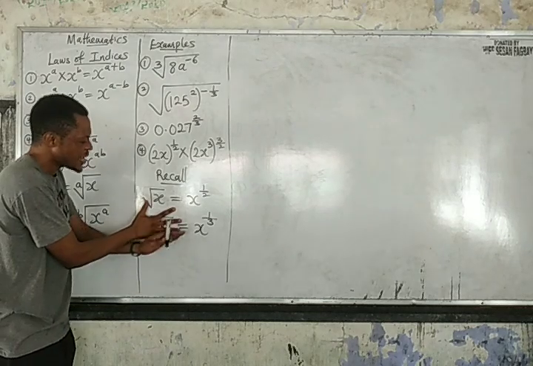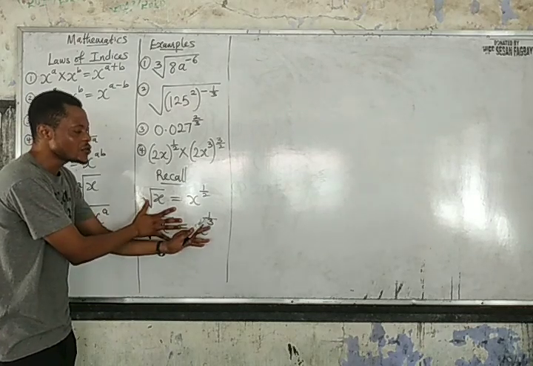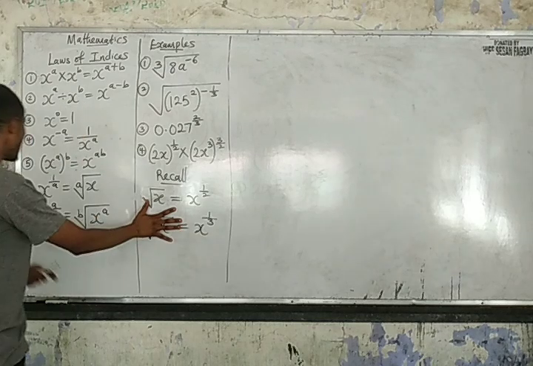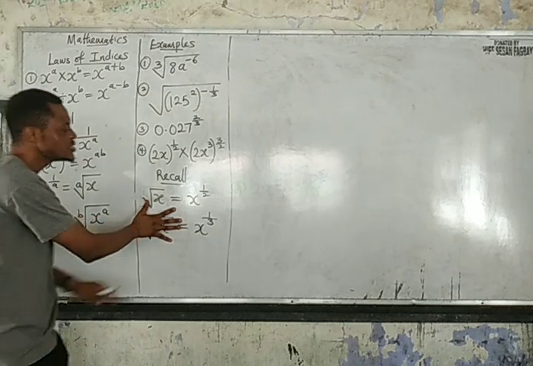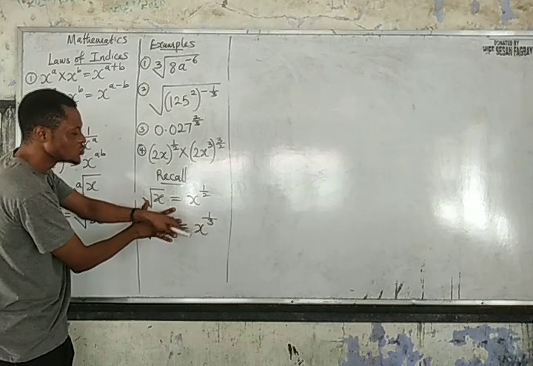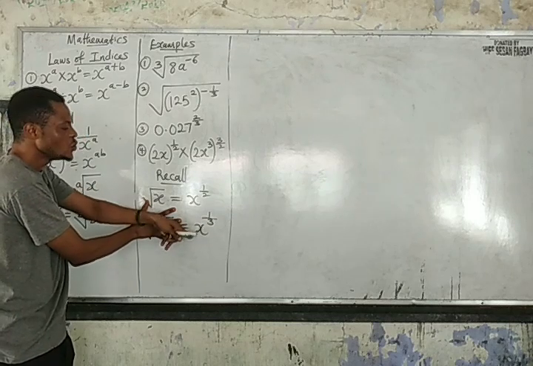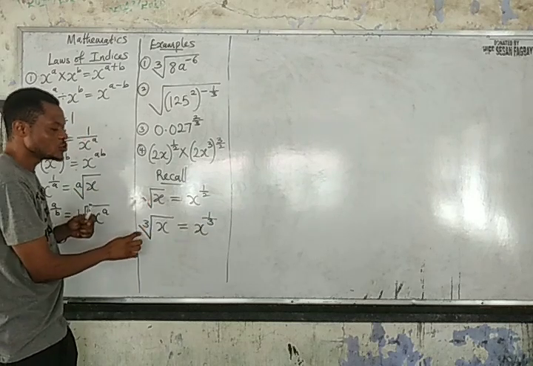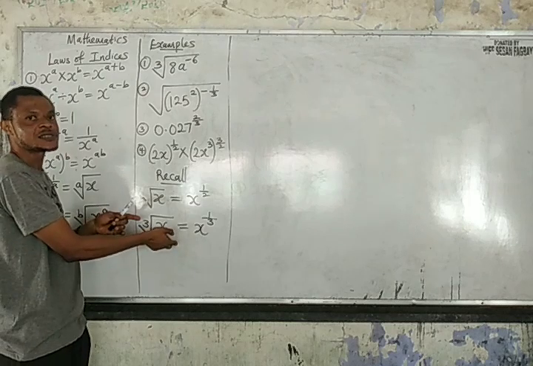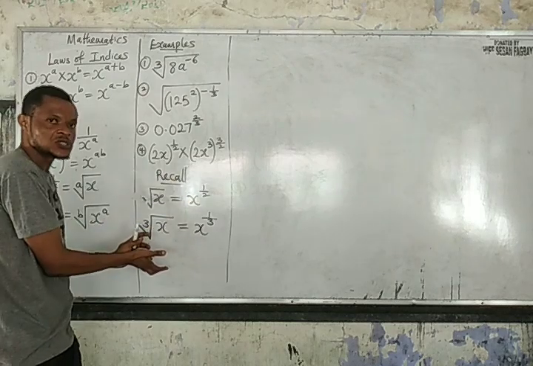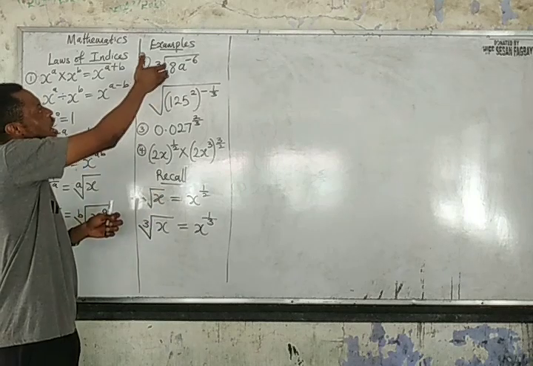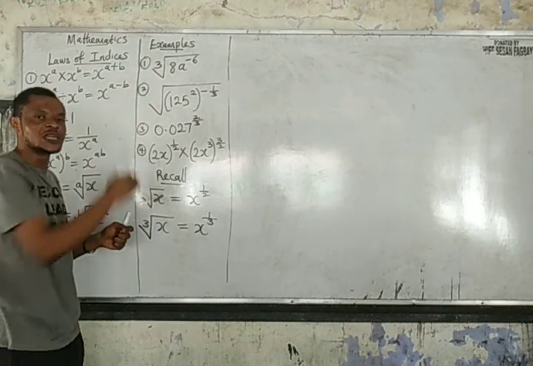Because naturally, if you are given this, it's going to end up making use of this sixth law of indices. The numerator here will be the root of the base, which will result to cube root of x. These are just instructions that will enhance how we are going to solve the following questions.